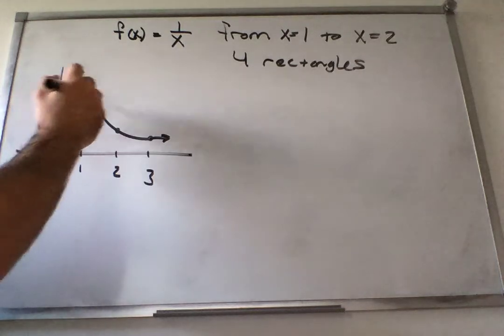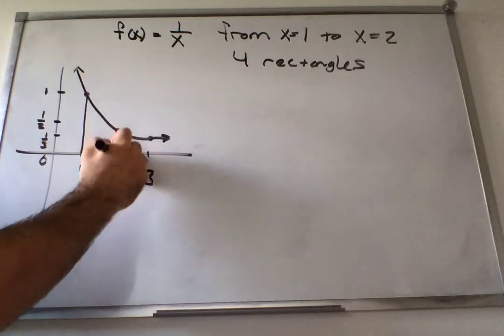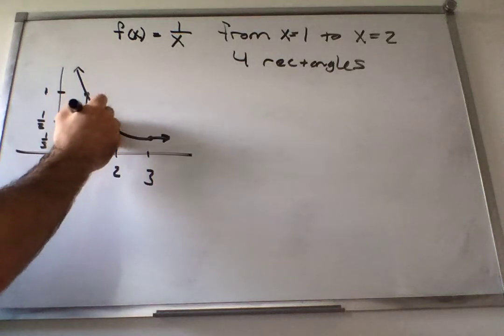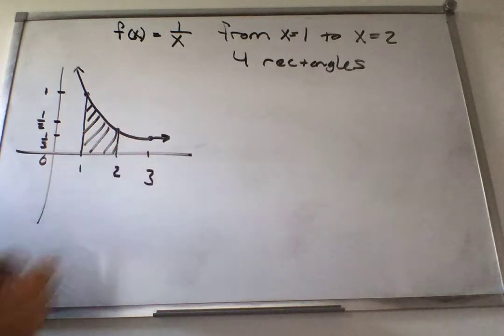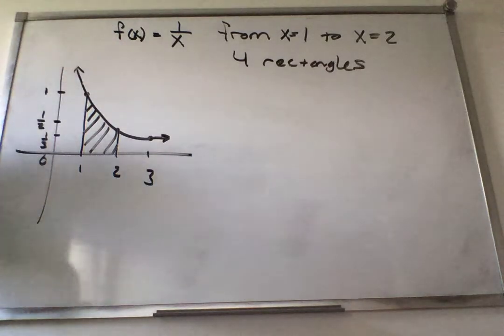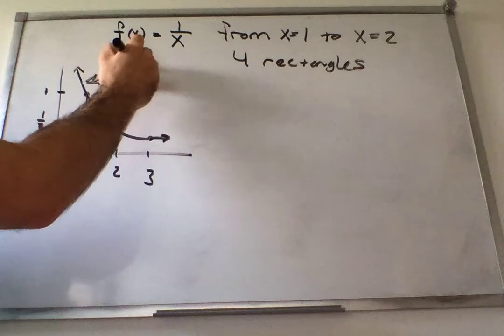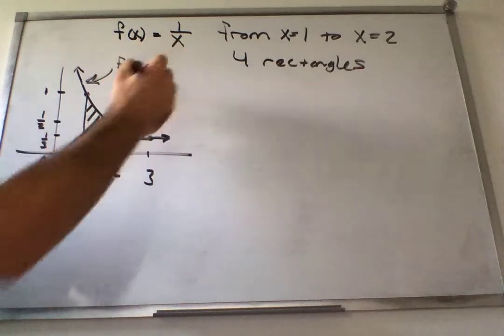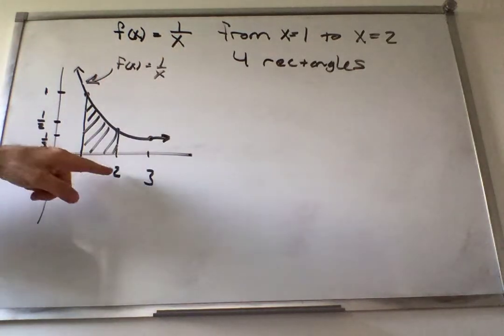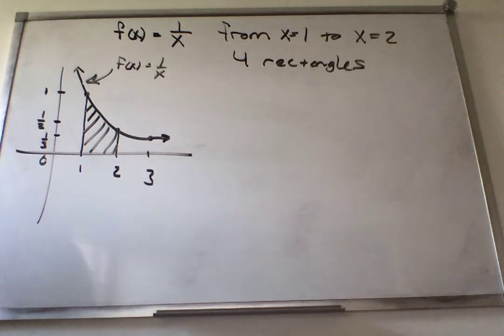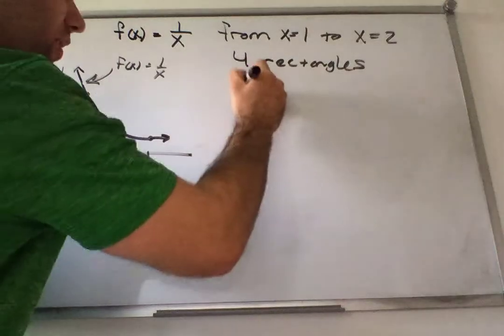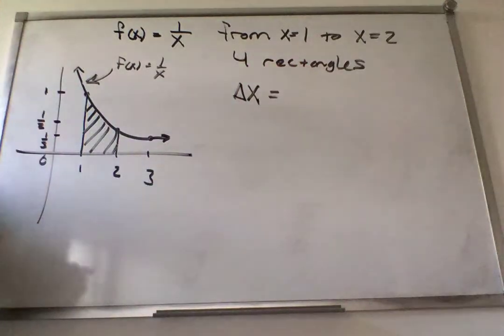Now, it wants us to find the area right there. This is 1 over x, so f of x equals 1 over x from x equals 1 to x equals 2. We're going to split this interval into 4 subintervals, so 4 rectangles, all of them with the same size, delta x.